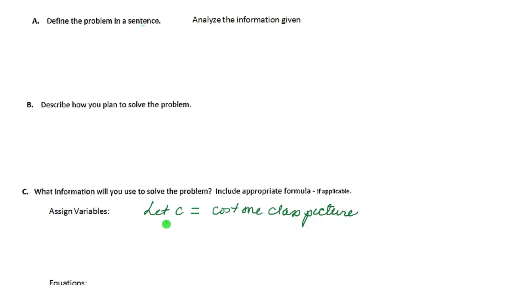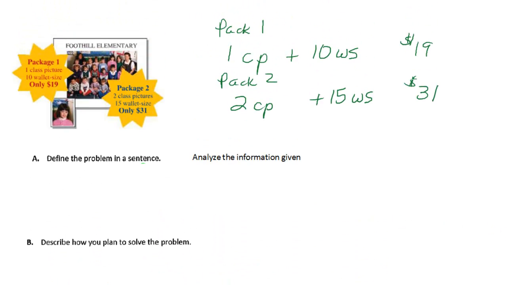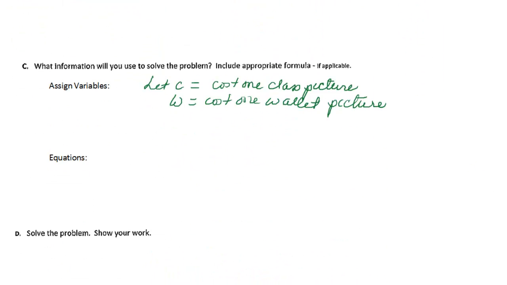And then let W be the cost of 1 wallet picture, okay? And the 2 equations, because we're going to set up a system again, it's almost given right here. You can almost see the equations right up here. That 1 class picture, so C plus 10 wallets equals 19, and 2 class pictures plus 15 wallets equals $31.